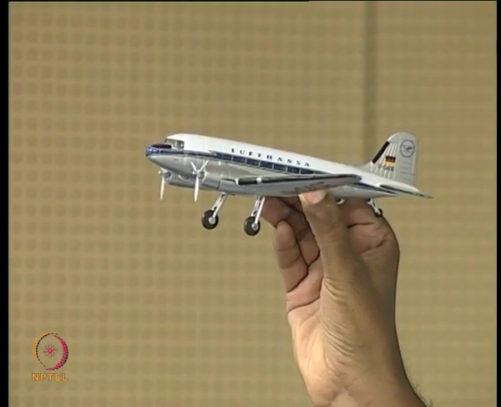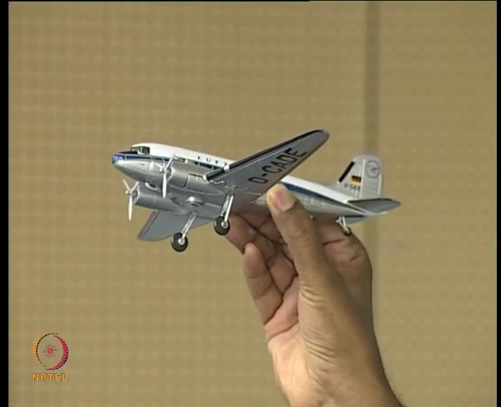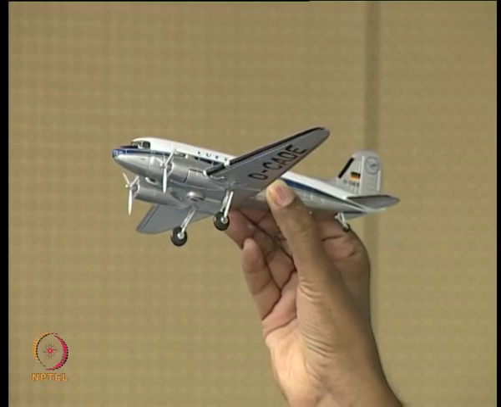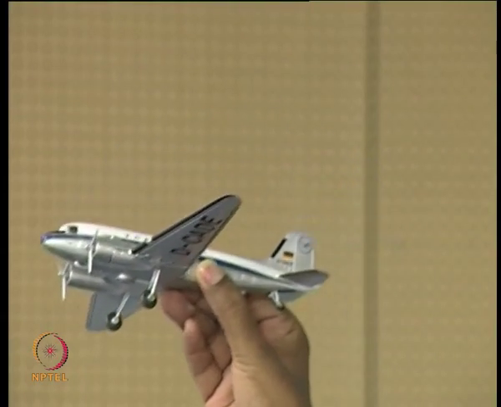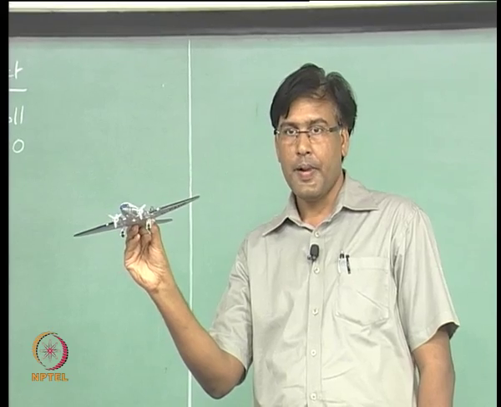So, there is a velocity which upsets the roll somehow, and then it banks. What will happen when it banks? It is a small bank. So, it will start side slipping.